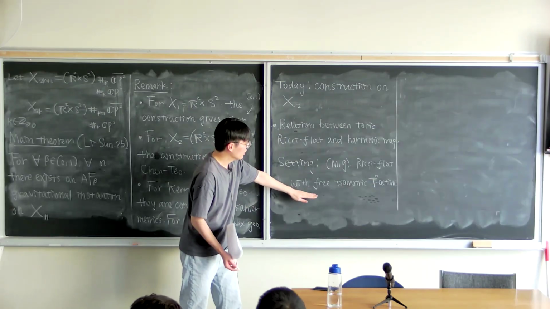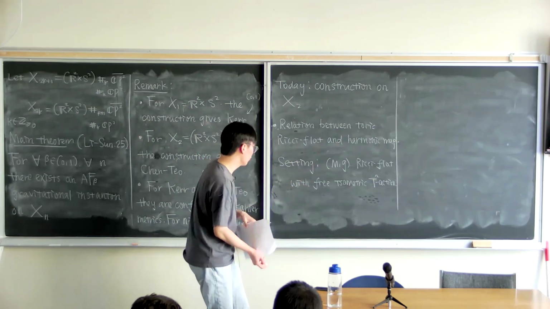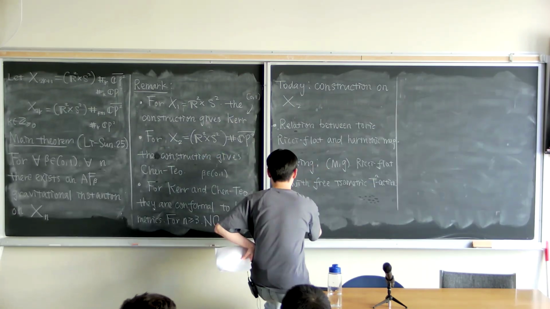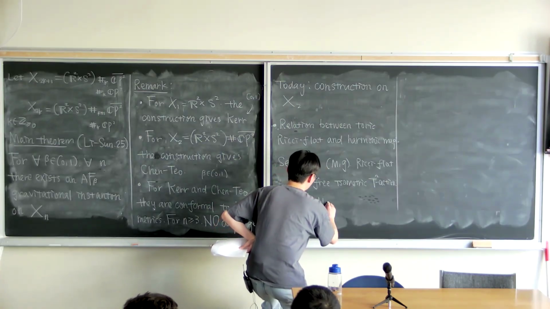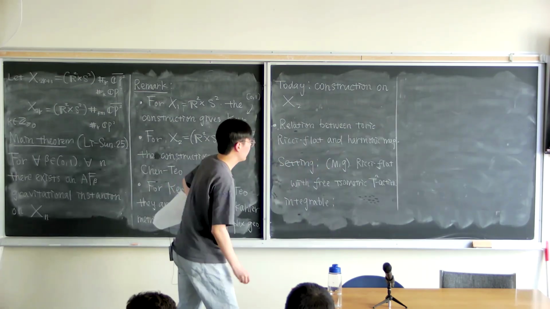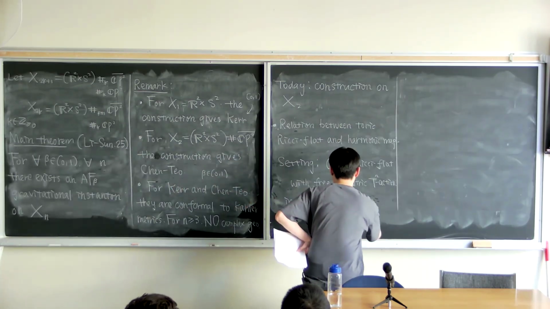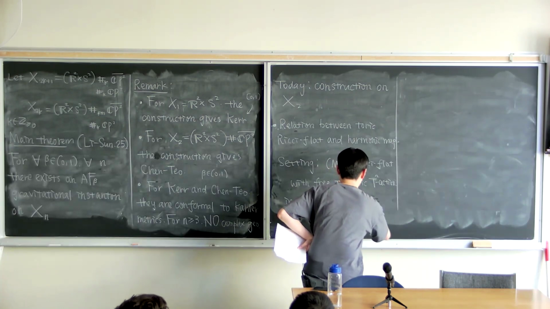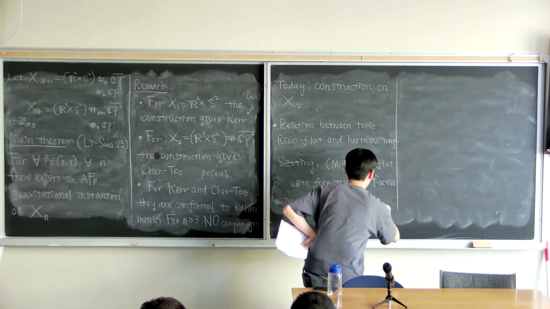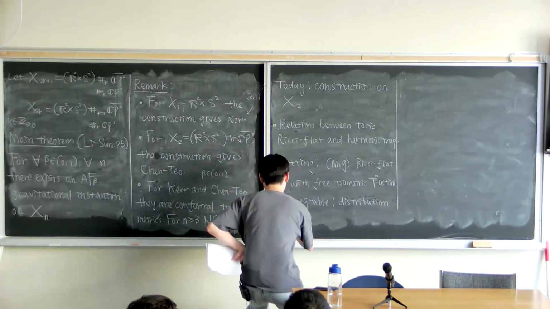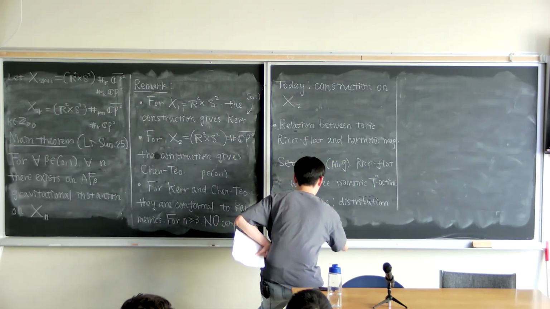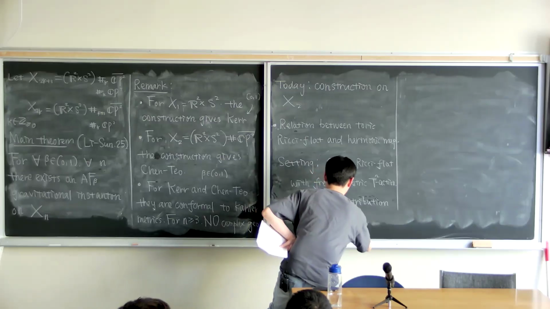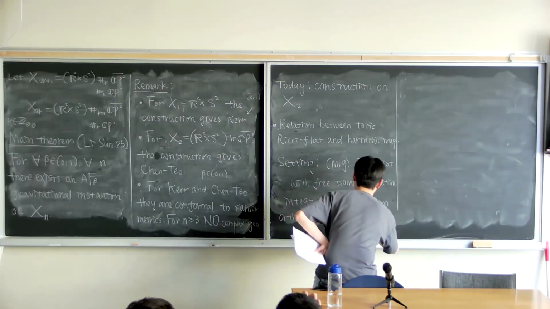And I have an extra assumption here. I'm going to assume this metric to be integrable. And what does integrable mean here? It means that if you look at the distribution orthogonal to the T2 action, this distribution is integrable.